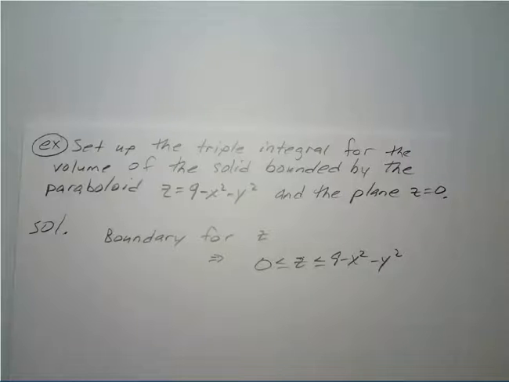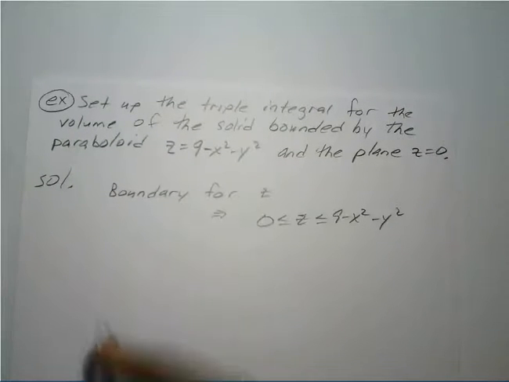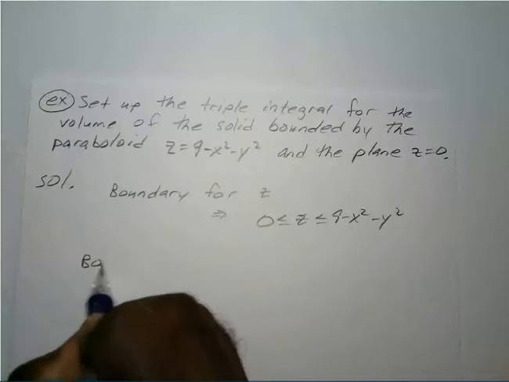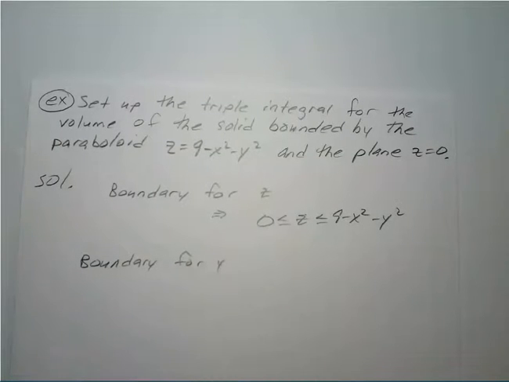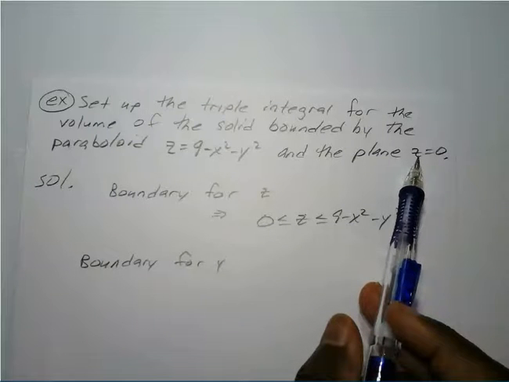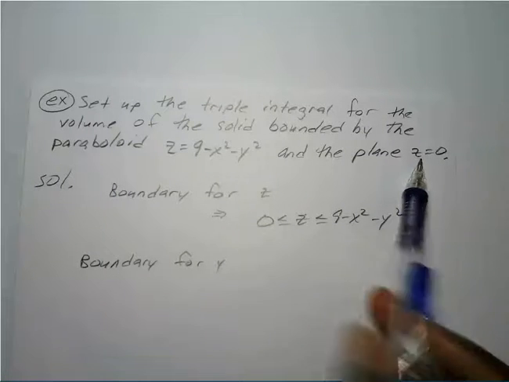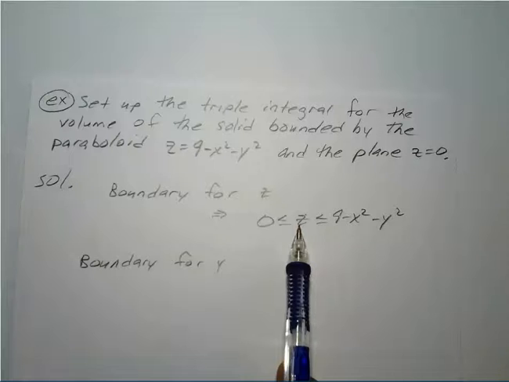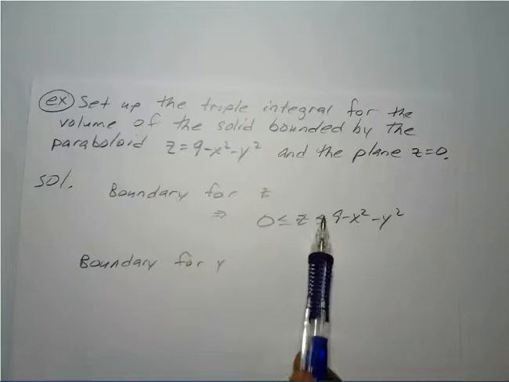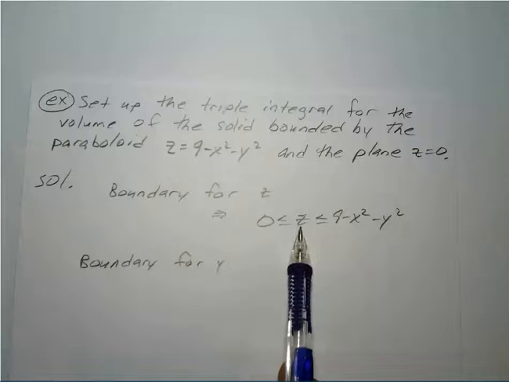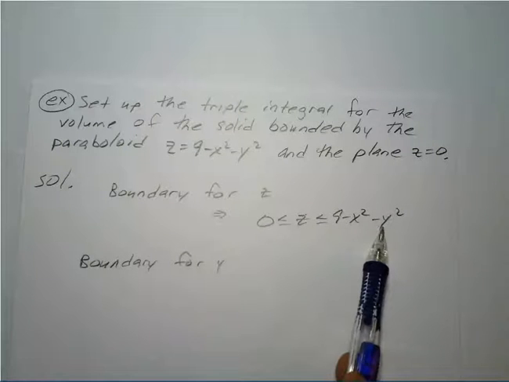Okay, so now we look at our boundary for y. Again, we know that looking at z equals 0, that would give us 9 minus x squared minus y squared, and 0 is less than that.